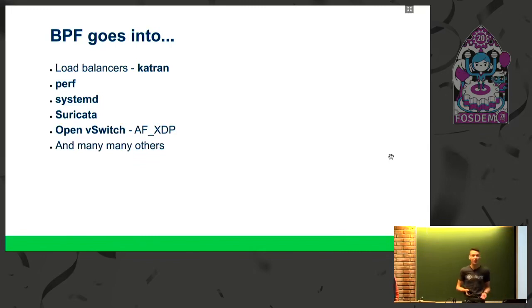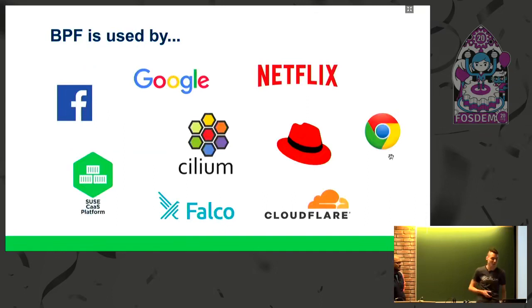So it's similar to DPDK in that it's a data path acceleration technology. You can also use AF_XDP as a PMD driver in DPDK actually, but you are still using the network device drivers in the kernel. And the list of projects using BPF will grow and grow over time.